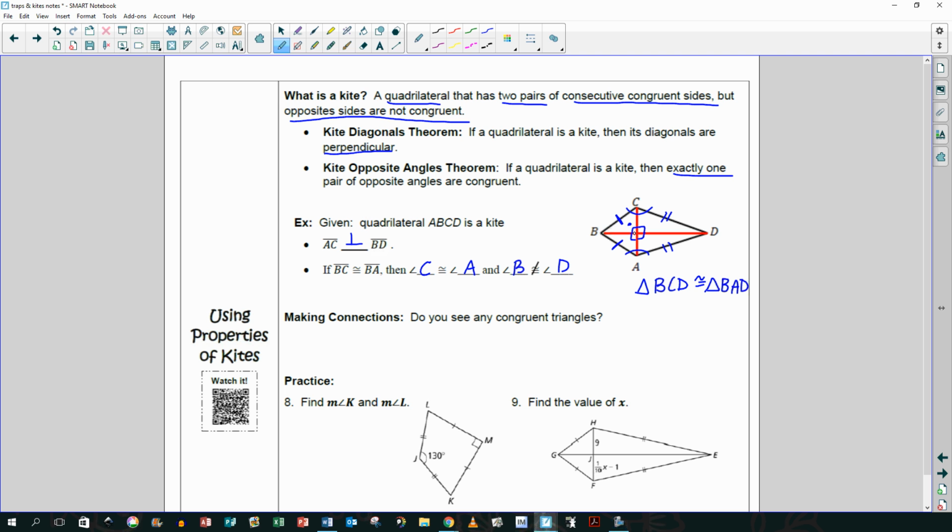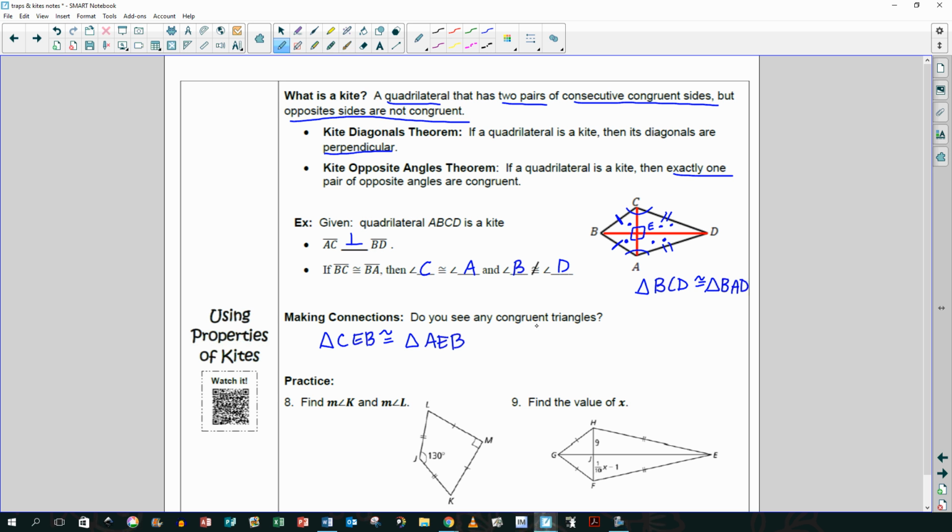Also, this triangle here is congruent to this one here. So now we've got triangle C, let's name this E. So CEB, so triangle CEB is congruent to AEB. Then we have this bigger right triangle and this bigger right triangle.